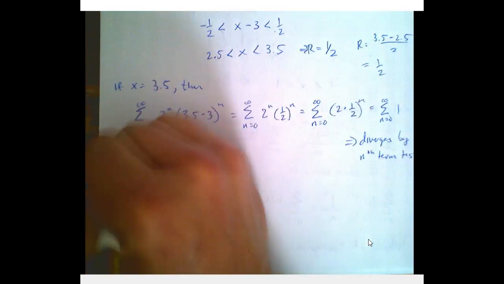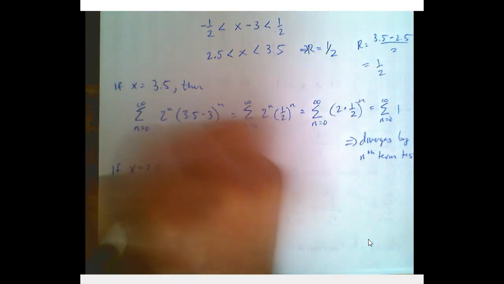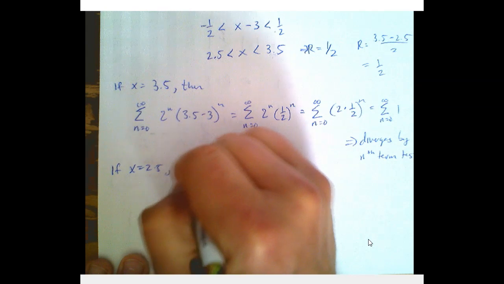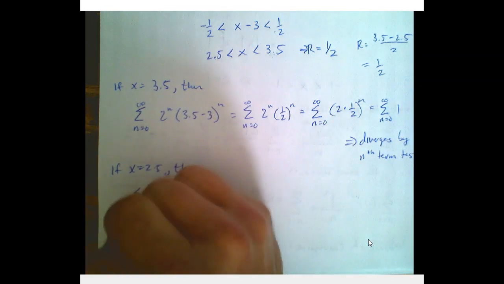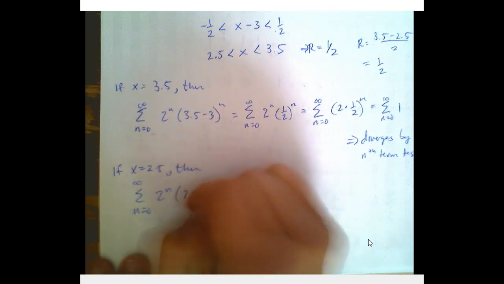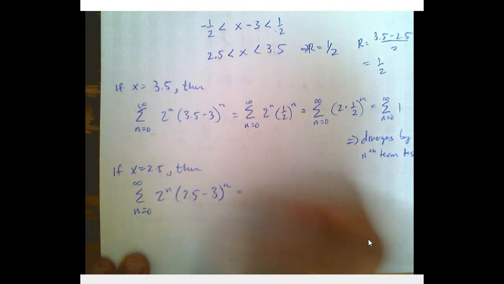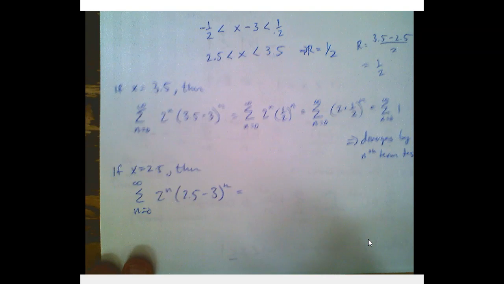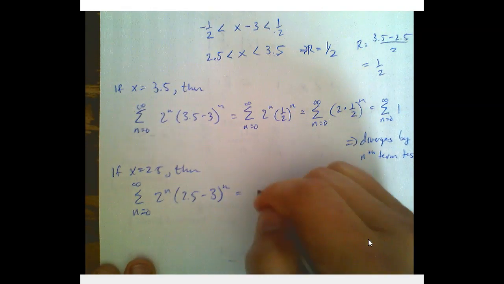Okay. Check for 2.5. If x is 2.5, then sigma n goes from 0 to infinity of 2 to the n times 2.5 minus 3 to the n. What's this?